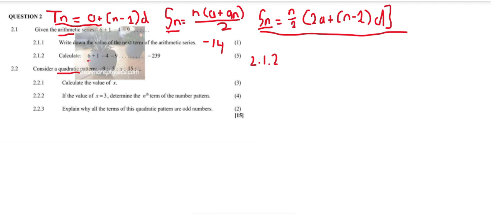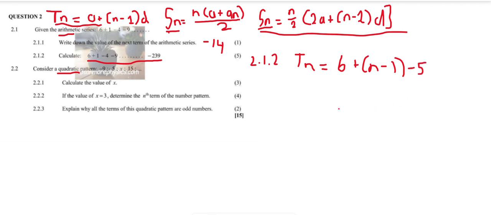Now when you're calculating, they gave us this. So in order for us to start finding the sum of everything, let's first establish our formula. So the first thing we have to establish is our formula. So we're going to say Tn equals, we said our a is 6, because it's always the first term, plus n minus 1, you just leave it like that, and then our d, we have established that it was negative 5.